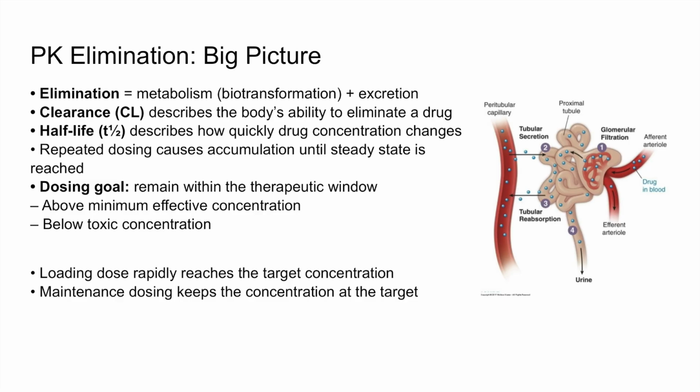Loading dose is primarily determined by volume of distribution, whereas maintenance dosing is primarily determined by clearance, right? You need to know how much is being lost if you want to maintain it, and then you need to know the distribution of said drug before you administer it, hence the loading dose.